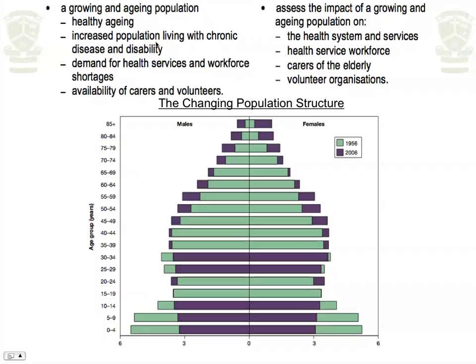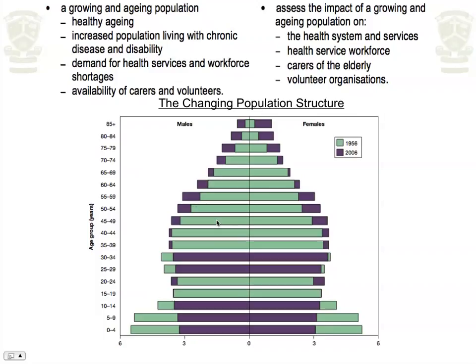Firstly, before we get into any of this information, let's have a look at our changing population structure, which is very well represented by this graph. You can see here in the green, the lighter colour through the middle, Australia's population in 1956, and the purple is Australia's population 50 years later in 2006.